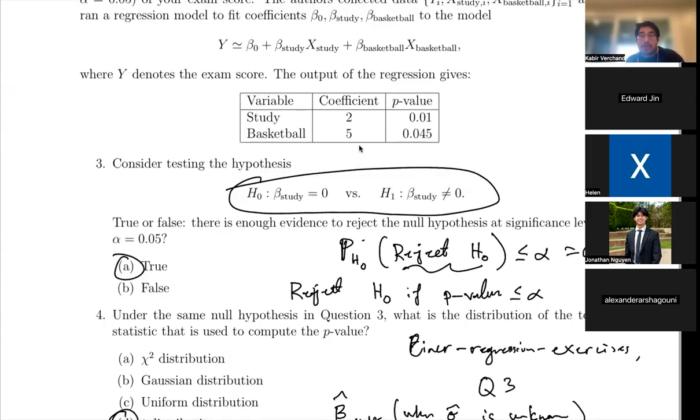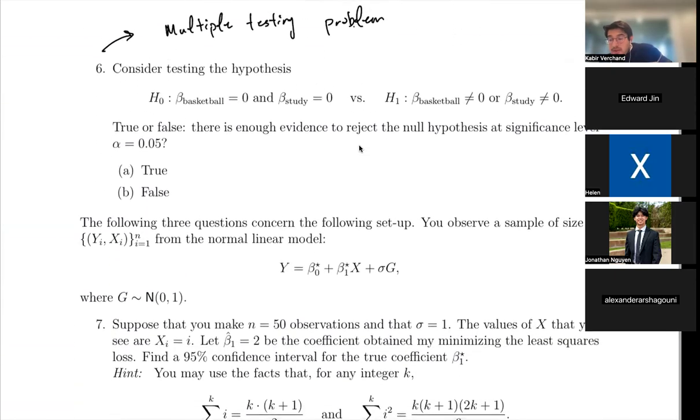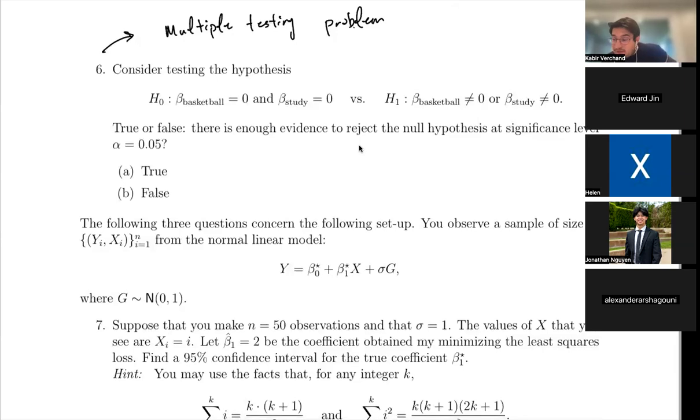So I'll falsely reject some null hypotheses which are actually true. This is the thing you have to be slightly careful of in these kinds of multiple hypothesis testing problems.